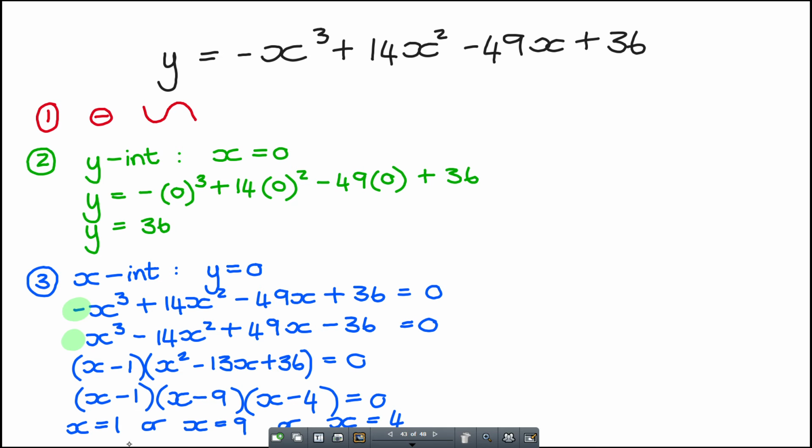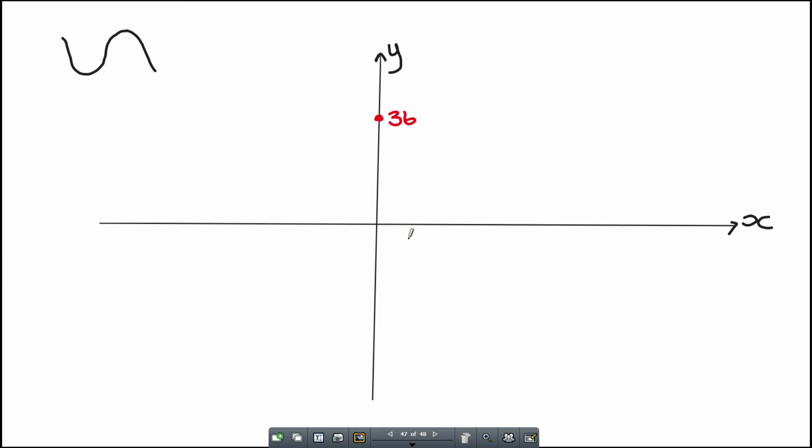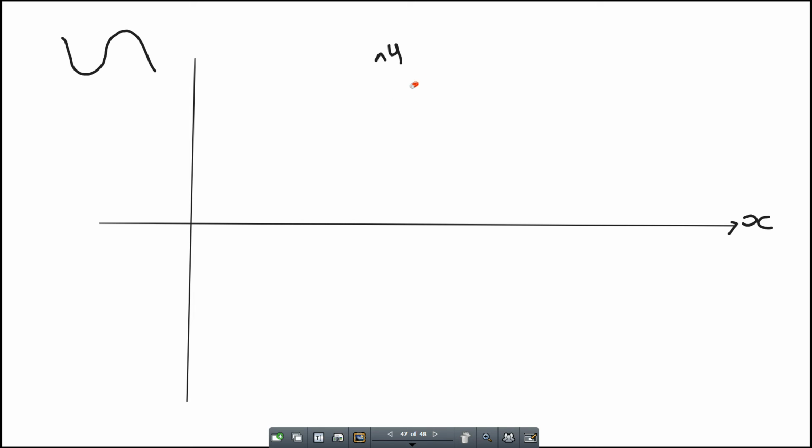If we plot it on the x-axis, I'm going to have 1, 4. Oei, jy sien net dis te klein. Ek gaan hierdie lyn moet skuif soontoe. Okay, so let's say it will be at 1, 4, and 9.